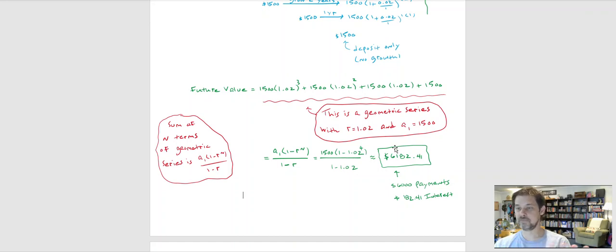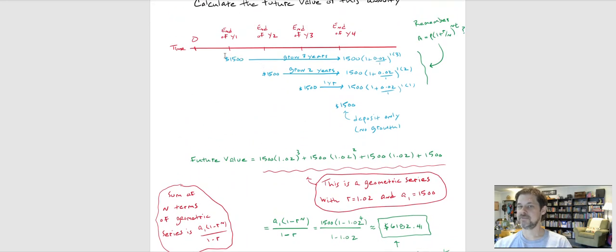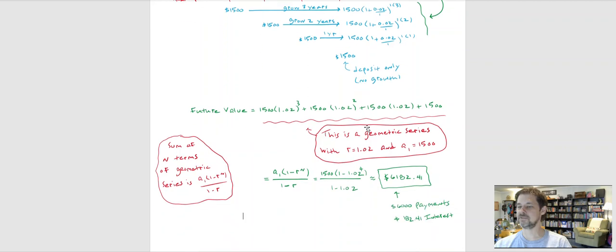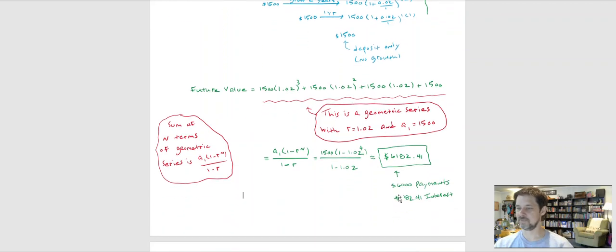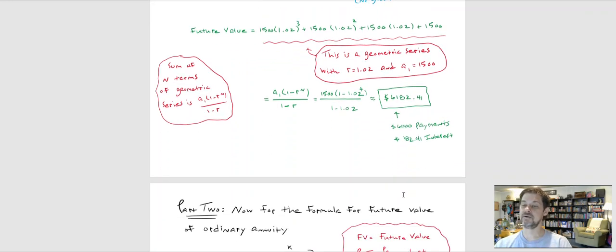So where did that other $182.41 come from? That was the interest they earned. This one earned some interest, this one earned some interest, and this one earned some interest. And between those three, it came up to be about $182 of interest. So yes, we can break that down into the raw payments that went in and the interest that they earned.